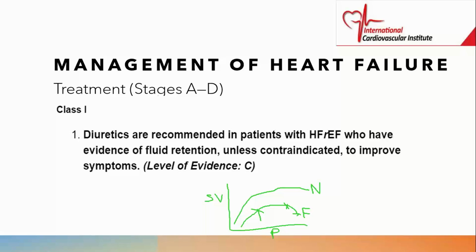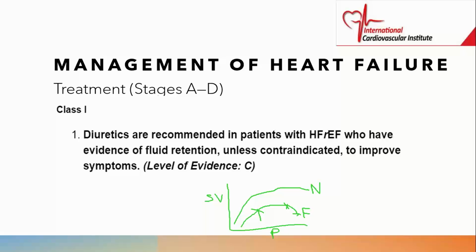So if there's fluid retention, remember we spoke about some of the signs of fluid retention. You can have peripheral edema, ascites, sacral edema if the patient is lying down. But one of the most important signs of fluid retention is your hepatojugular venous distension.